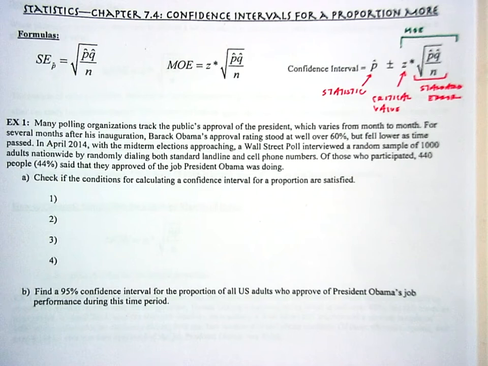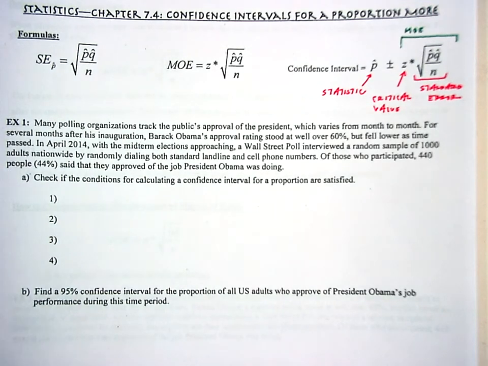In April 2014, with the midterm elections approaching, a Wall Street poll interviewed a random sample of 1,000 adults nationwide by randomly dialing both standard landline and cell phone numbers. Of those who participated, 440 people, 44%, said that they approved of the job that President Obama was doing.